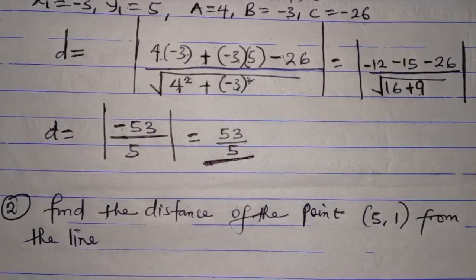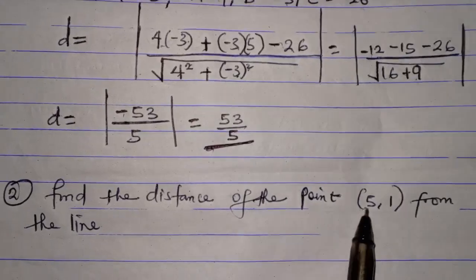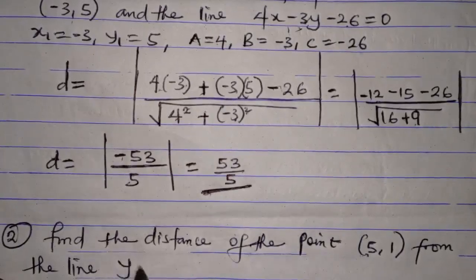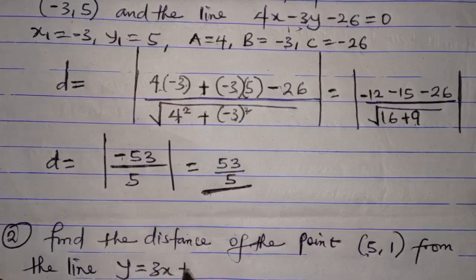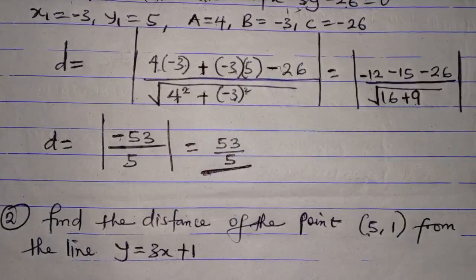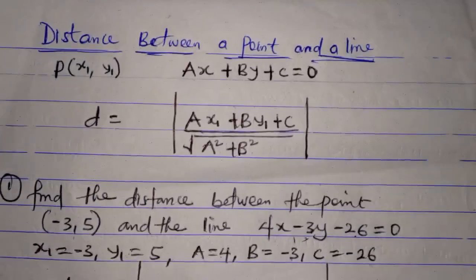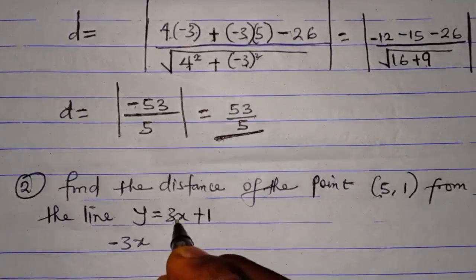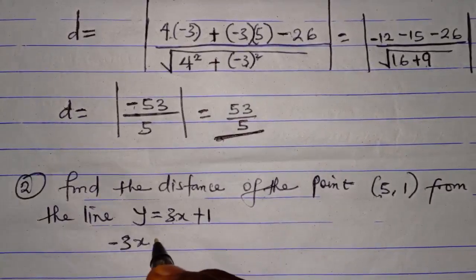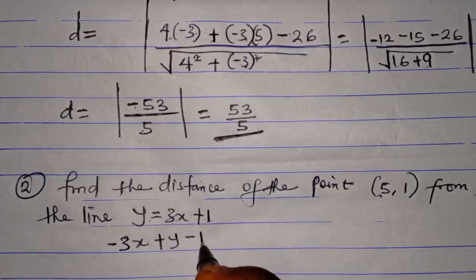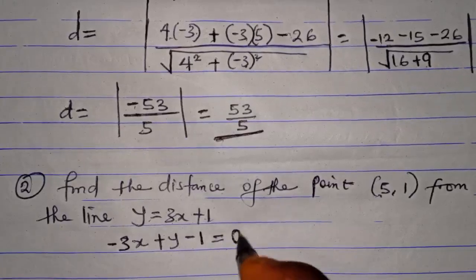I want to determine the distance of this point from the line. Let me write that line in the form ax + by + c = 0. So 3x will cross and turn to minus 3x, plus y, minus 1 is there, equal to 0.